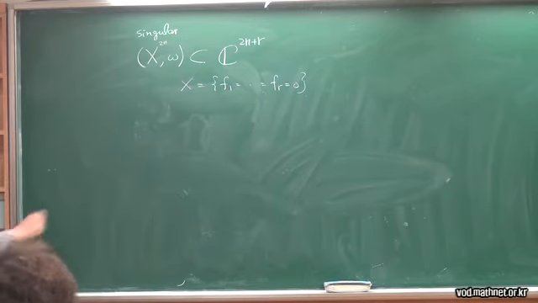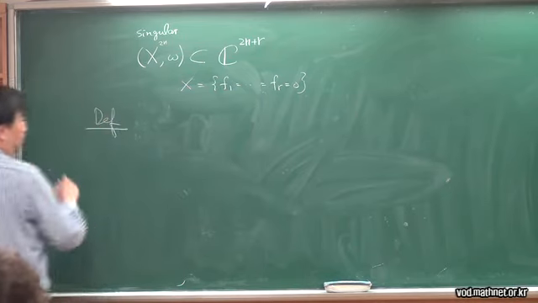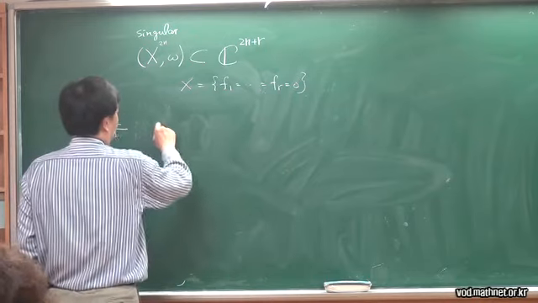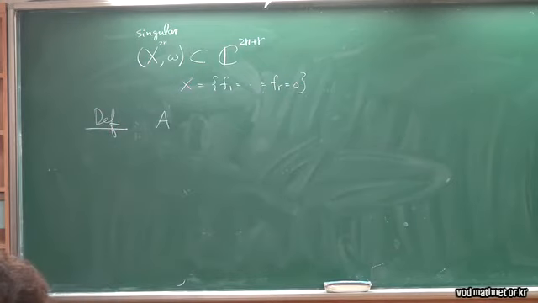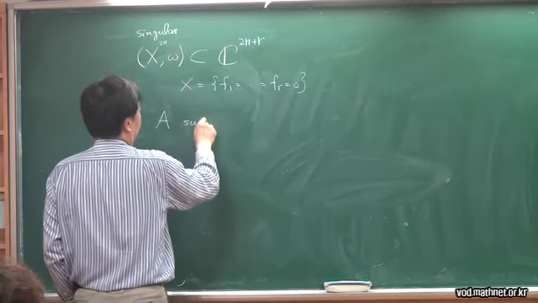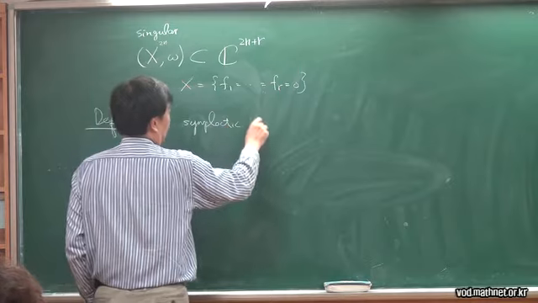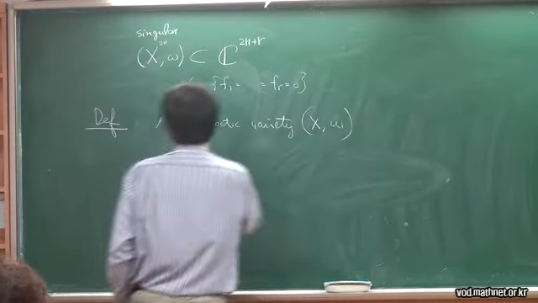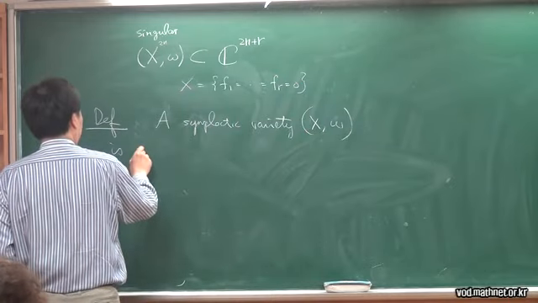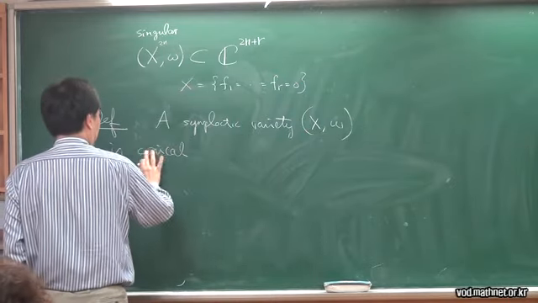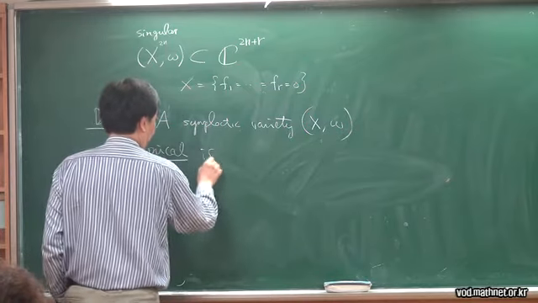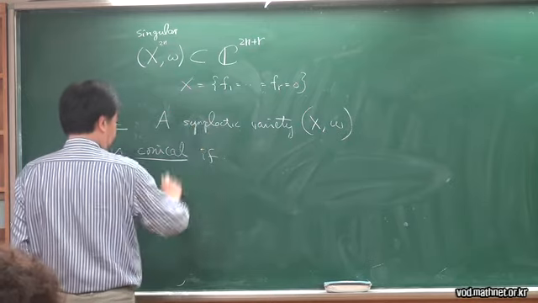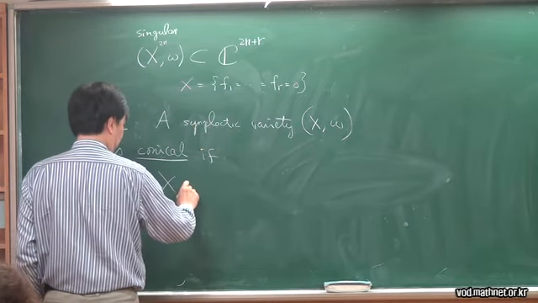So now let's define the following class of symplectic varieties. A symplectic variety (X, omega) is called conical if the following holds. The first, X is affine.